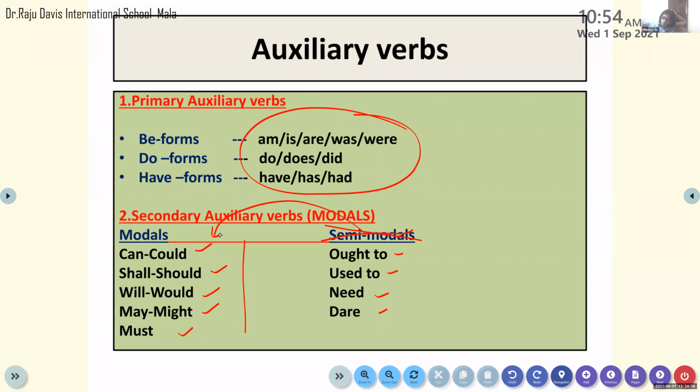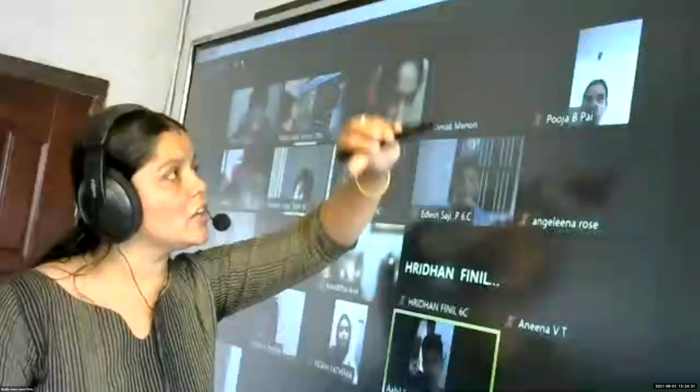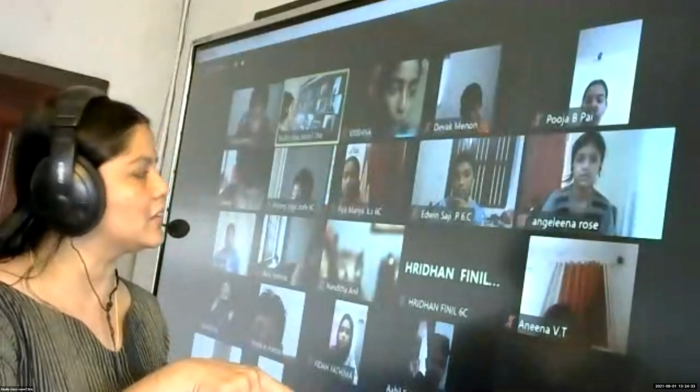If somebody asks you to give some examples of modal auxiliary verbs, after writing must, if you write ought to, used to, need and dare, there is no mistake. You can include all the semi-modals under modals. There is no problem including ought to, used to under modal auxiliary. But if the question is to give some examples of semi-modals, you cannot write can and could there.